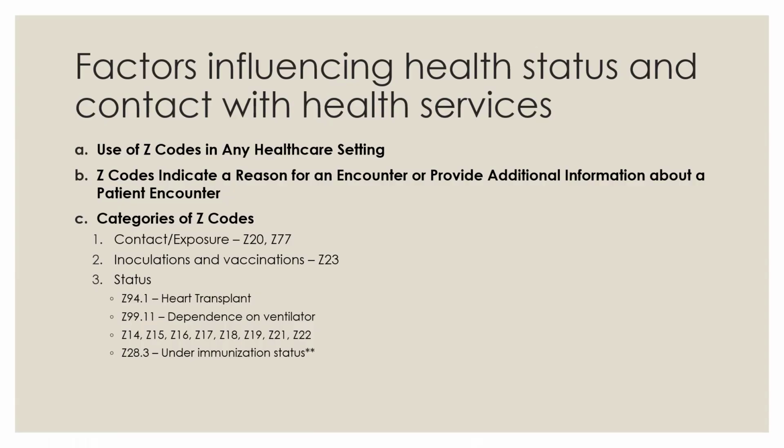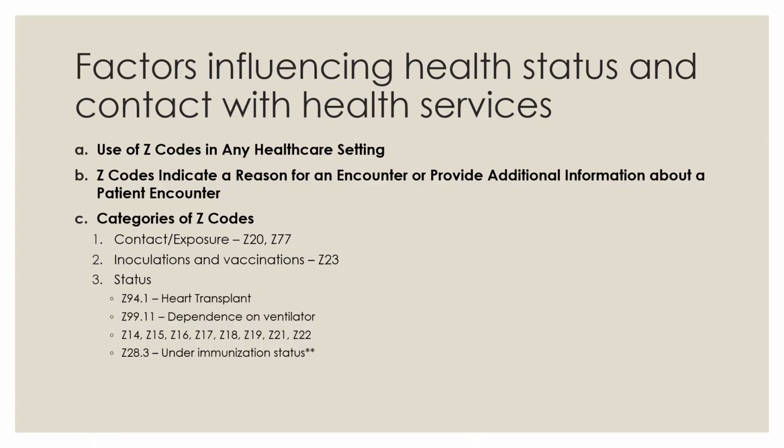Number one, we have contact or exposure. Category Z20 indicates contact with and suspected exposure to communicable diseases. These codes are for patients who are suspected to have been exposed to a disease by close personal contact with an infected individual or are in an area where a disease is an epidemic.